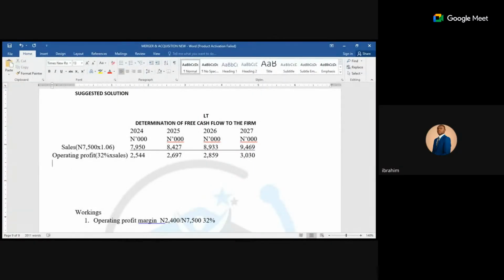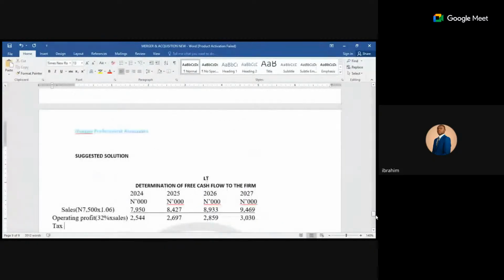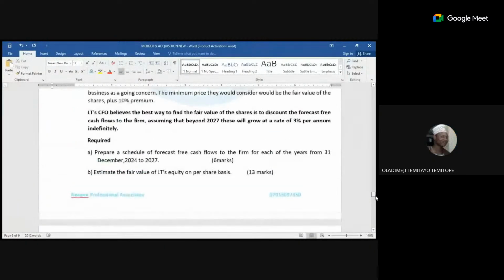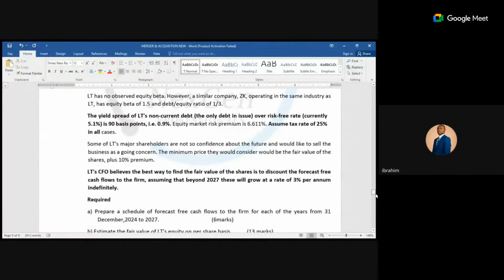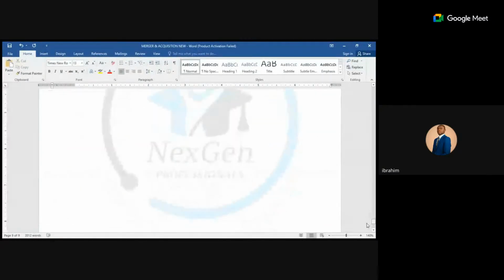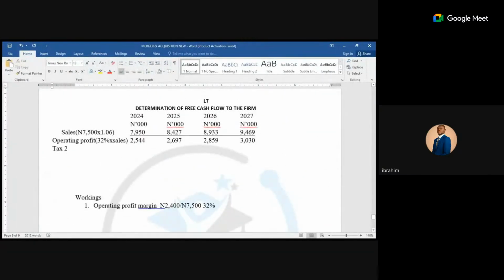So therefore, we have tax. How many percent of the tax is given to us? 25%. We have 25%. So what do we have? 25% of this, what do we have? 636.